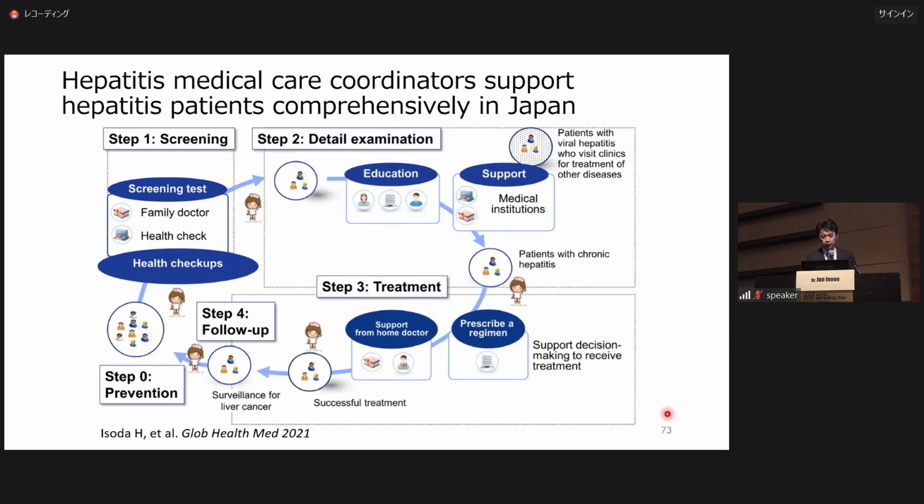In each step, the coordinator helps the patient with different occupations. Such coordinators are hoped to help the patient and promote HIV elimination.